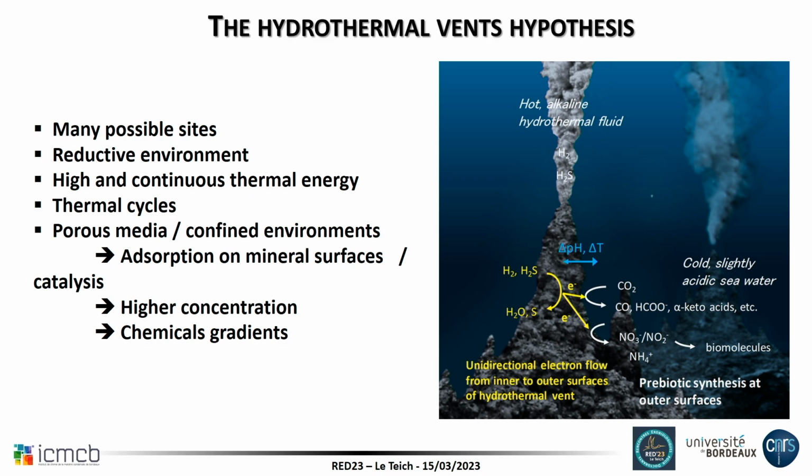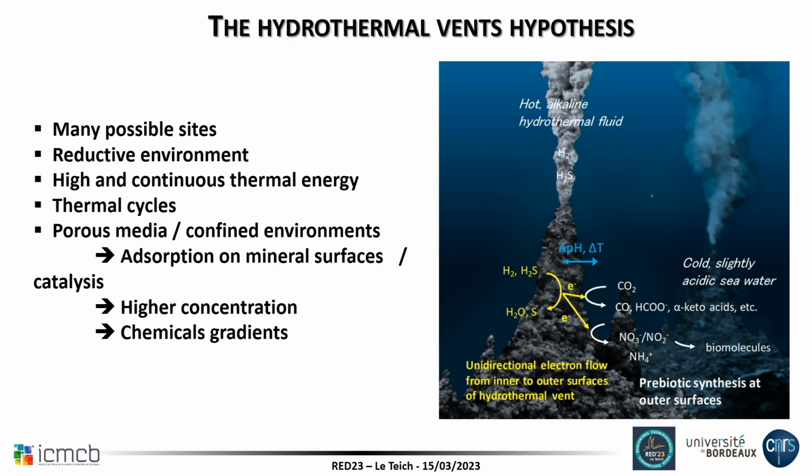So, like I told you, in the late Hadean, early Archean, the plates were much smaller. So there are many possible sites for deep sea hydrothermal vents, also a reductive environment, high and continuous thermal energy from the mantle and the magma, basically the center of Earth.